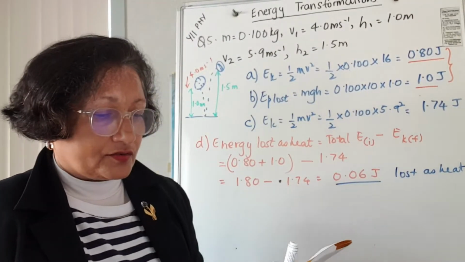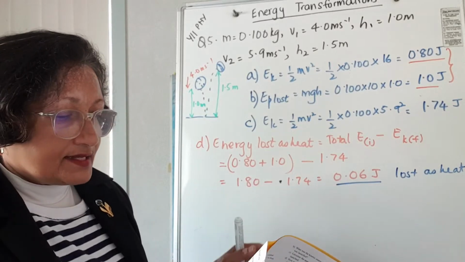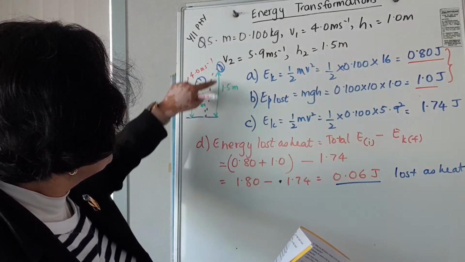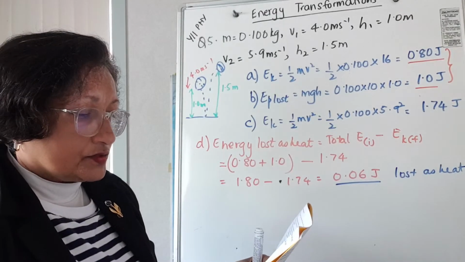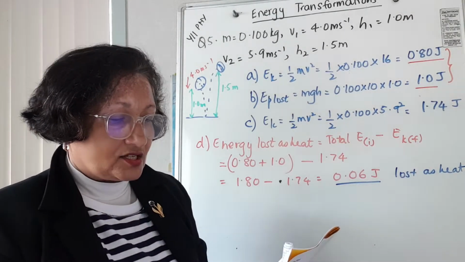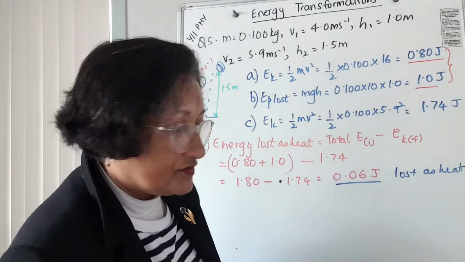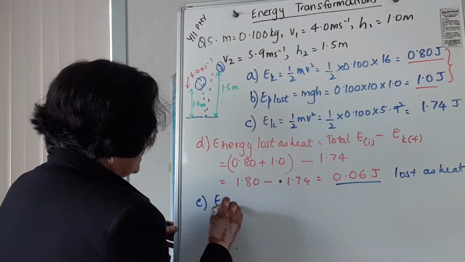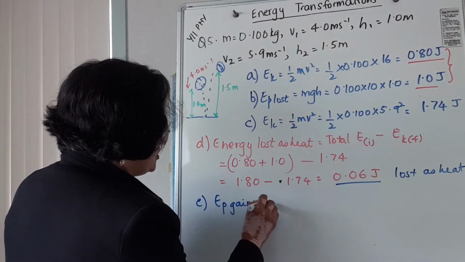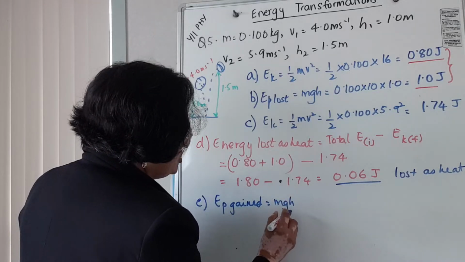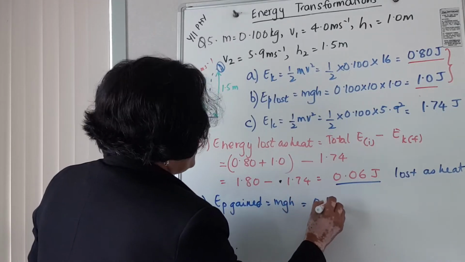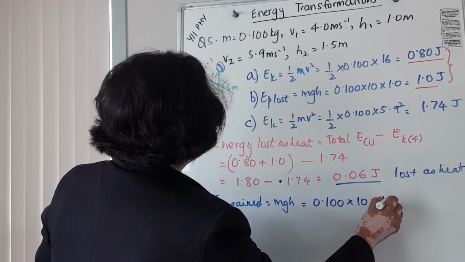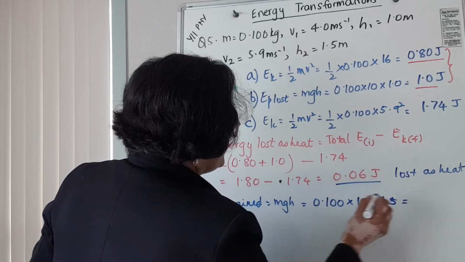Okay, so what do we have to do now? So that's that. After it has bounced, the ball rises to 1.5 meters above the ground. So how much gravitational potential energy does it gain as it rises? So gravitational potential energy gained is mgh, and your mgh is 0.100 times g, and your h is 1.5.